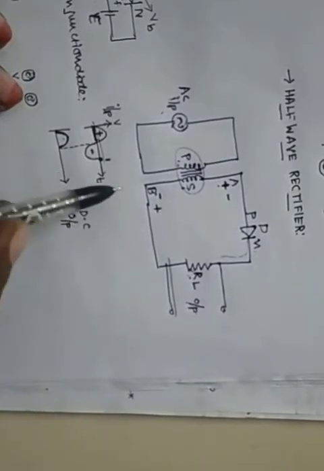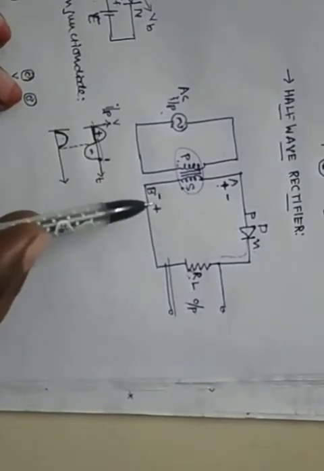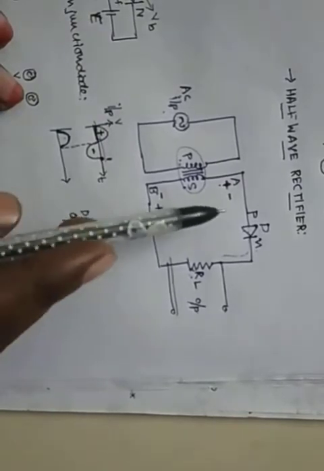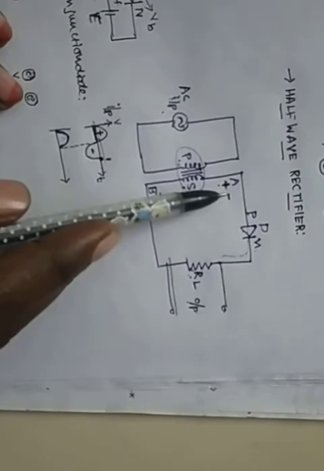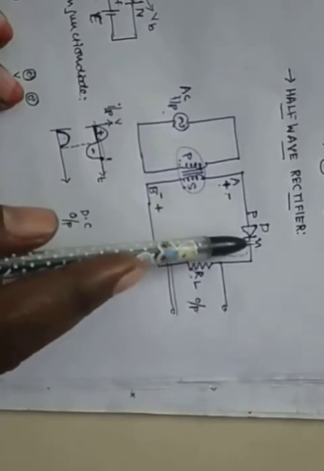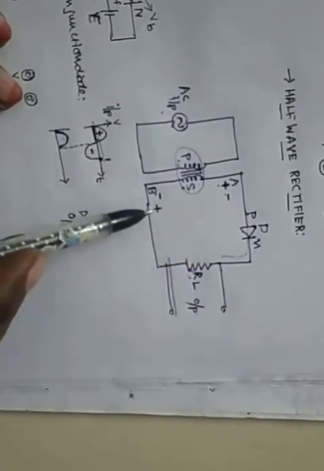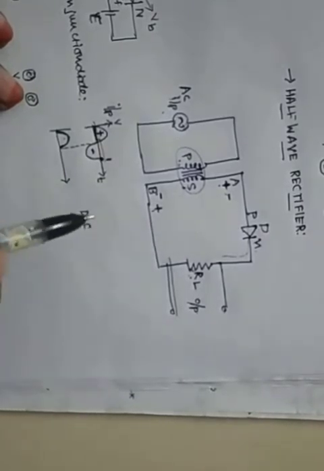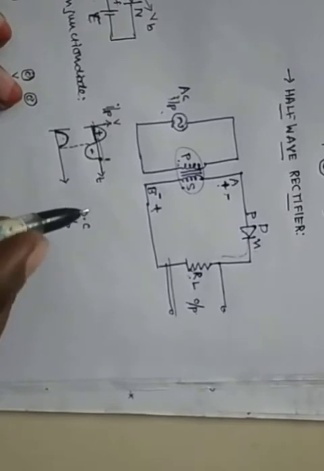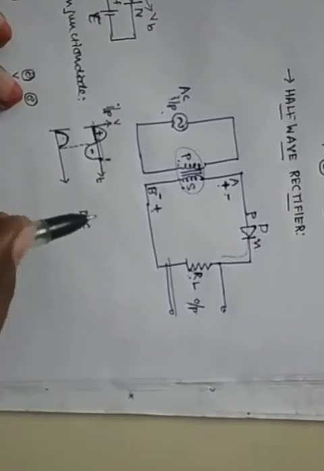Now P is connected to the negative terminal of the battery and N is connected to the positive terminal of the battery. Then the diode is said to be in reverse bias.